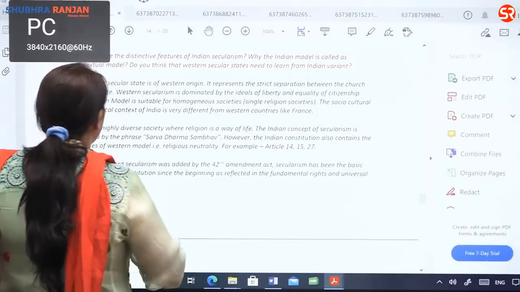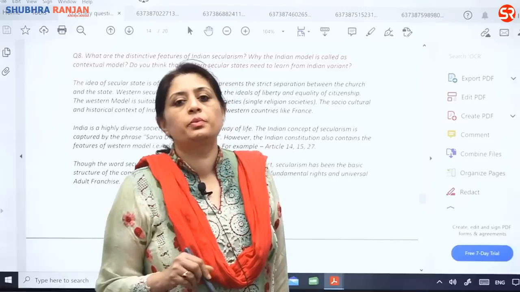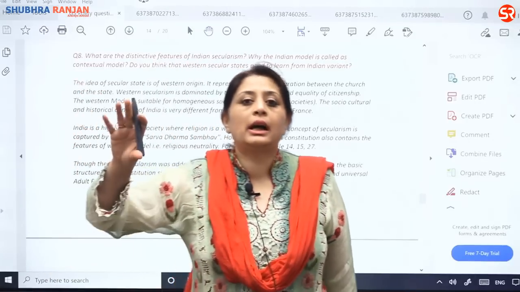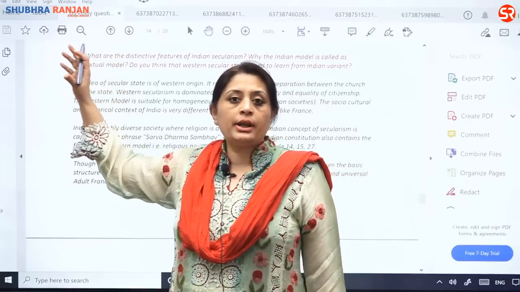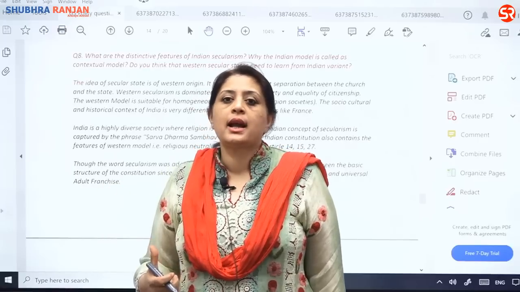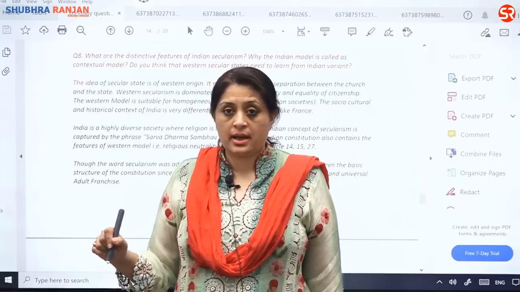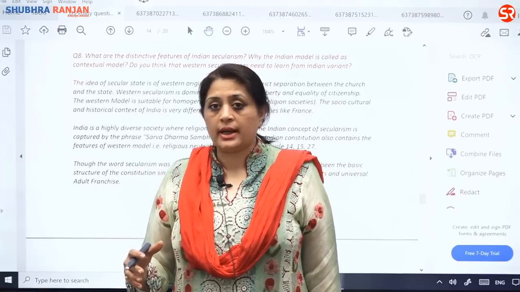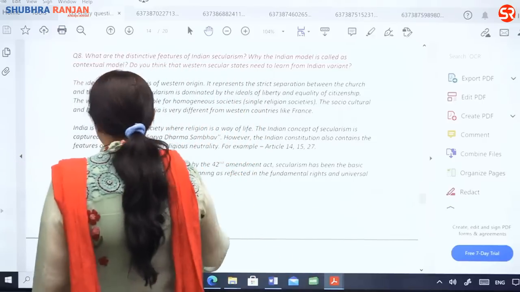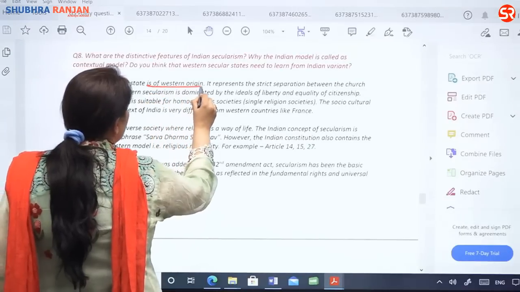So now let us see the distinctive features of Indian secularism. See, contextual model, there is one political scholar, Rajeev Bhargava. I have given the points from his work so that you can understand his idea more deeply, but you can write in simpler language the points which I have just discussed. Fine. So the idea of a secular state is of Western origin.